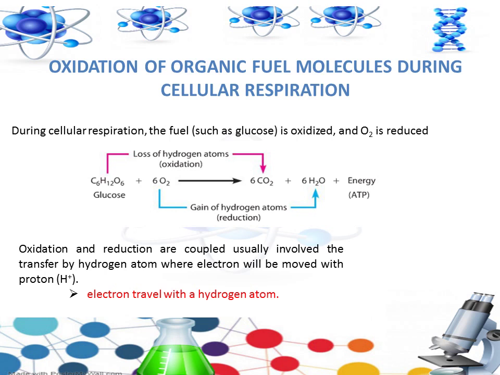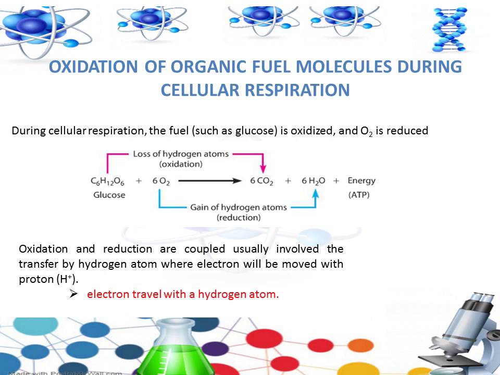So when we look at the glucose, it loses hydrogen atoms, and it becomes carbon dioxide, and oxygen is gaining the hydrogen atoms and becoming the water molecule. So we can see that there's a redox reaction inside the cellular respiration.